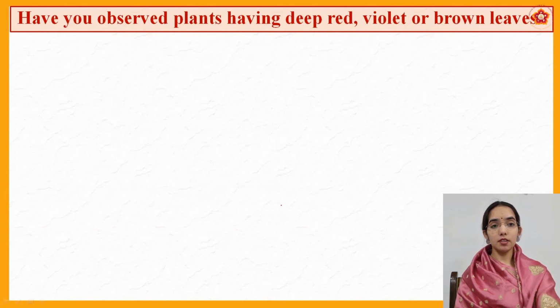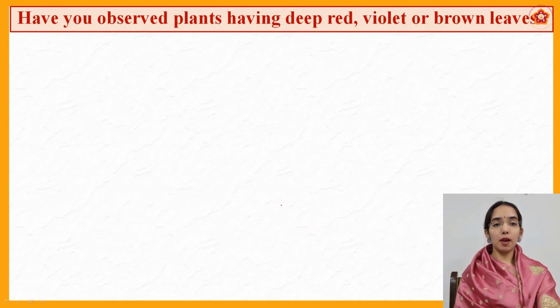So students, in these leaves also, the green pigment chlorophyll is present. But what happens is that the red pigment is more in quantity, so the leaf will appear red in color. The violet pigment might be more than the green pigment, so the leaf will appear violet in color. Or the brown pigment will be more in quantity.